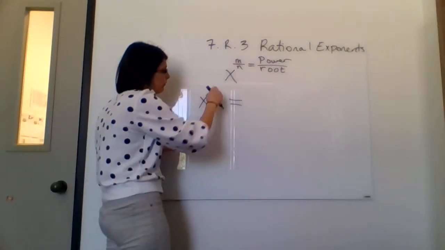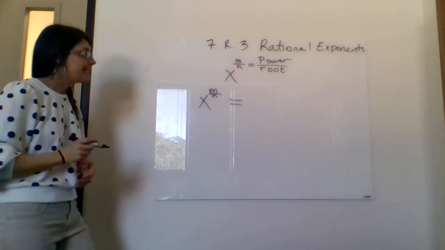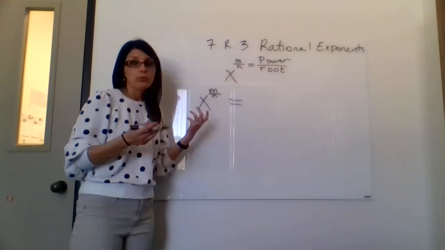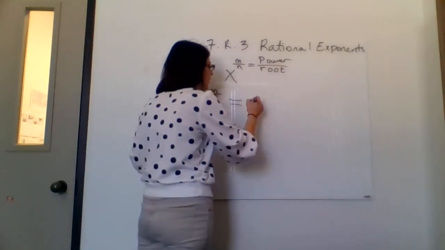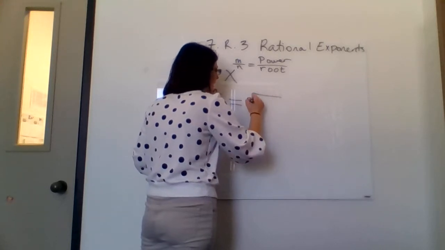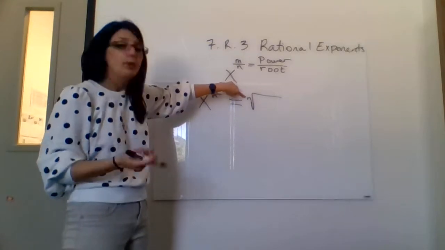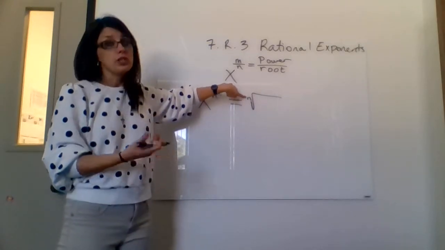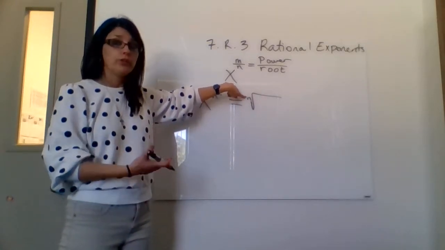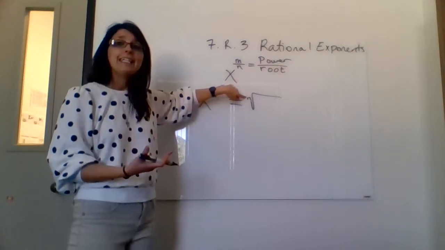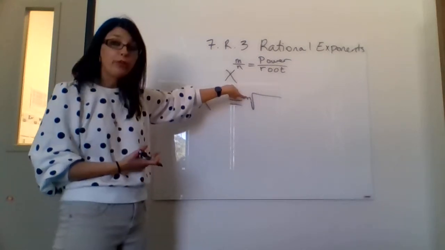So x to the power of m over n means that we're taking the nth root, so whatever n may be, I have the root, the little n on the outside. When it's a square root, we don't put the little 2 on the outside. It's just understood that we're taking the square root when there's no number. But if I'm taking any other root, a cube root, I'd have a little 3 out here.